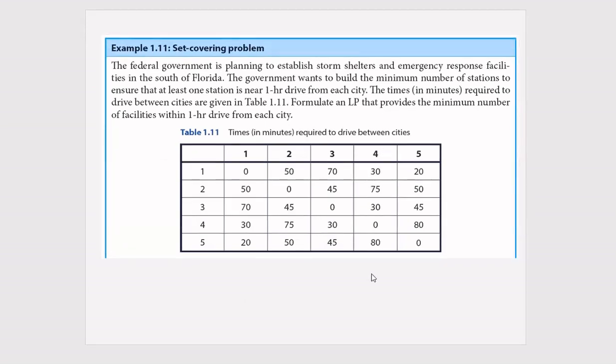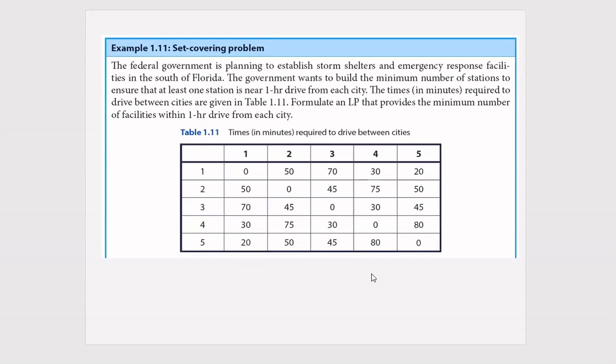The federal government is planning to establish storm shelters and emergency response facilities in the south of Florida. The government wants to build a minimum number of stations to ensure that at least one station is near, within a 1 hour drive, from each city.